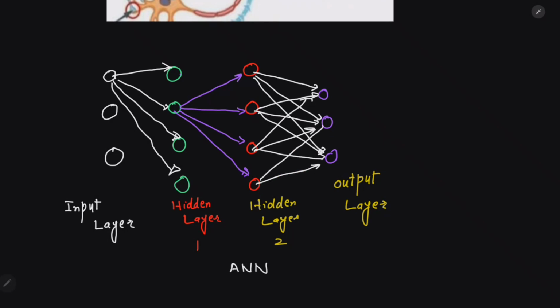You can see that this has become a mess. The information, actually these are the features, travels from left to right and reaches the output layer where we have some solutions.